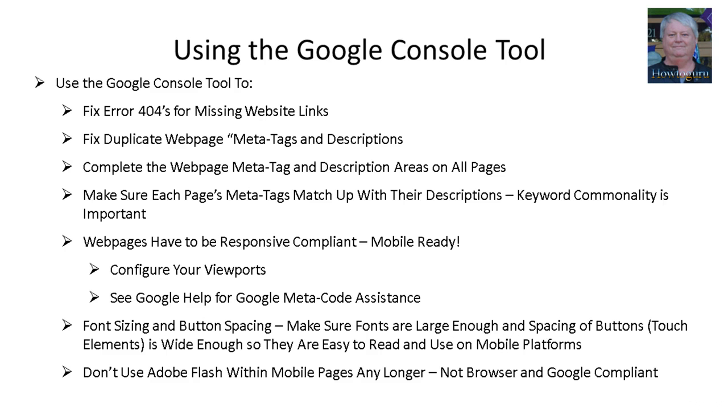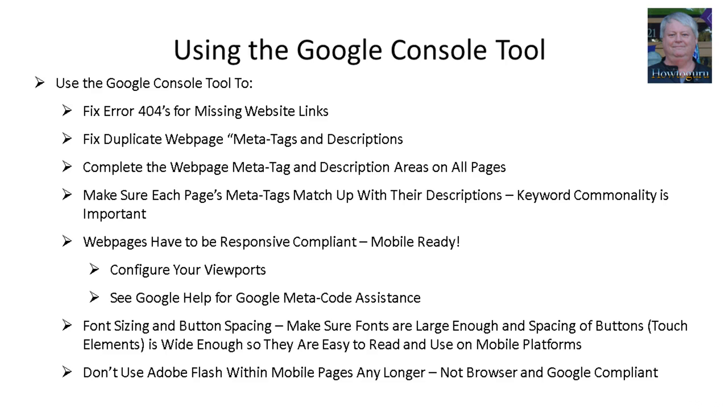So here's what I was startled to find out about and what needed to be repaired. First, I had 14 error 404s, where links were still going to pages that did not exist any longer. I had several duplicate description/meta tag errors, where I had copied old pages to create new pages and had not remembered to change the metadata on the new pages.